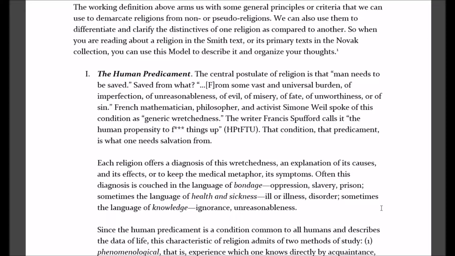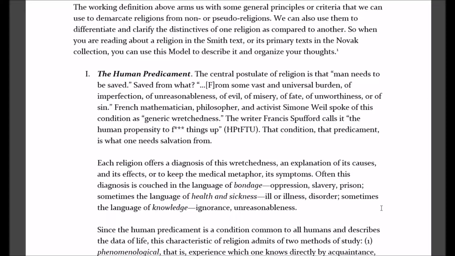Okay, and that's one of the things you're going to see in each of the religions. They each have their own way to describe that vast and universal burden, that human predicament. And they're not interchangeable. They have different emphases. What they have in common is that they are, in fact, predicaments.